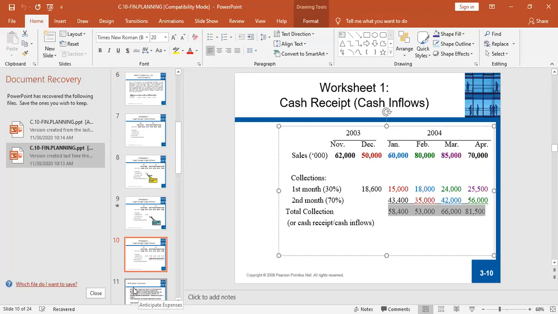So when we talk about credit, the payment will be done later. But when we talk about cash basis, the moment you do the transaction, you have to pay on time. So this is what we talk about in cash planning. So when we talk about cash, the cash in and the cash out will happen on time.